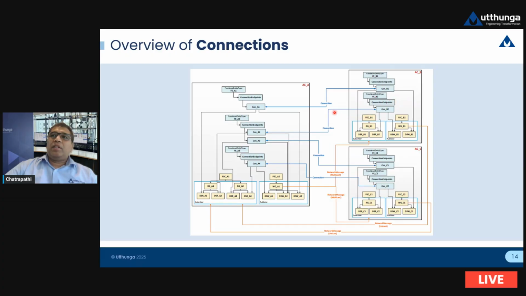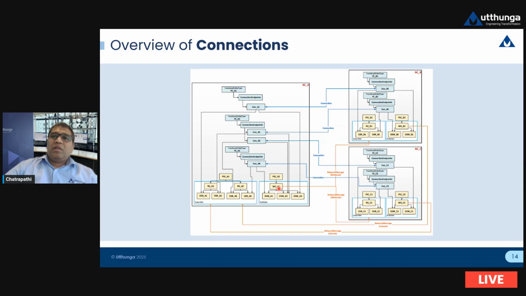Again, we have 4 different connections, where for one connection the unicast messaging is going on between automation component B and A, and then another unicast connection between automation component A and C. And we can also see a multicast connection going on between automation components A, B and C.